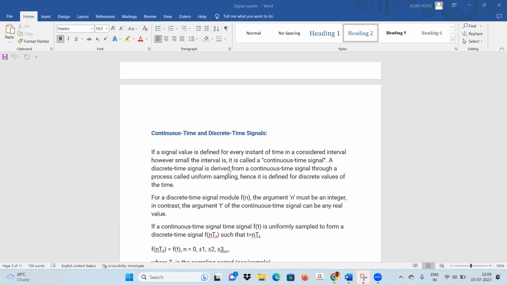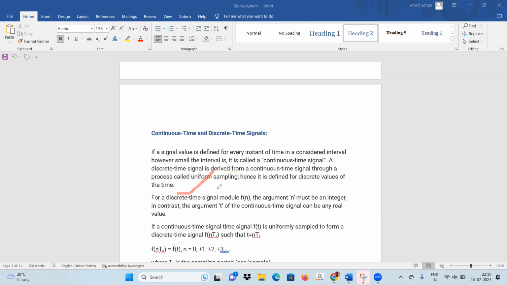A discrete time signal is derived from a continuous time signal through a process called uniform sampling. Hence, it's defined as discrete values for time. Basically, sine theta, cos theta, tan are all continuous signals. If you want a discrete signal, then you need uniform sampling.